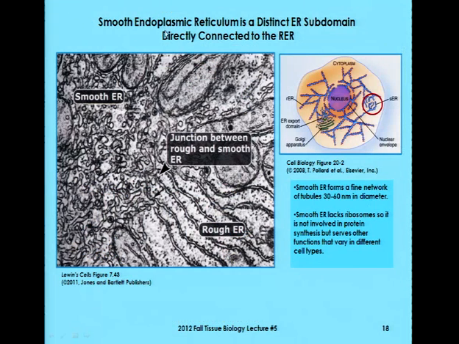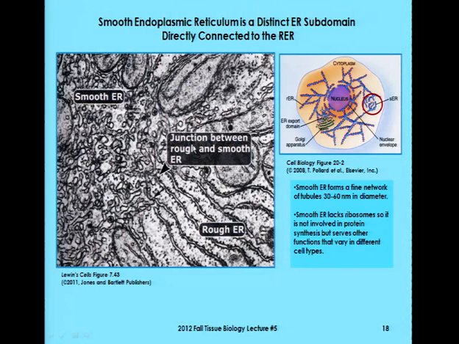Now, the smooth ER is a distinct ER subdomain that is directly connected to the rough ER. For the most part, we see the smooth ER as shown here. You can see that the smooth ER consists of a network of tubules that do not have any associated ribosomes.